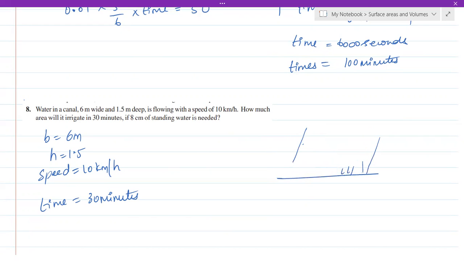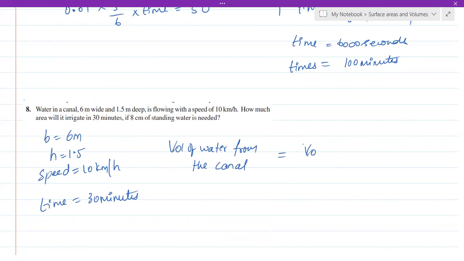Okay, so therefore, very clearly, volume of water from the canal, whatever the water is coming from the canal, that will be equal to volume of cuboid, isn't it? Because if you irrigate a land, the water occupies what shape? Cuboidal shape.